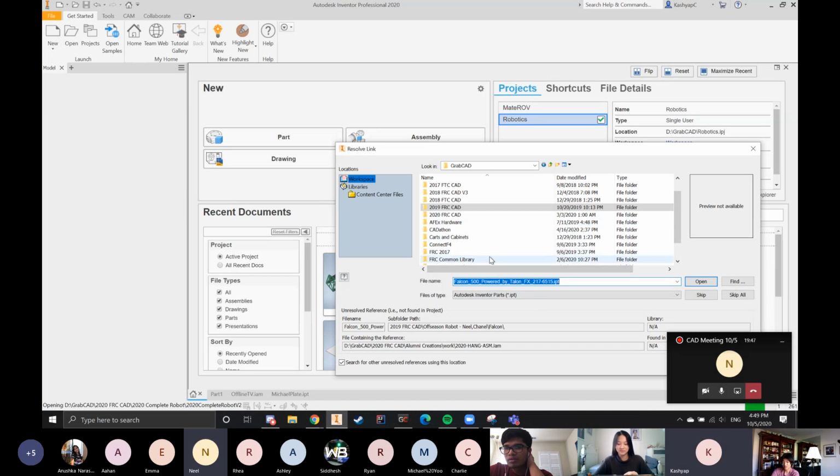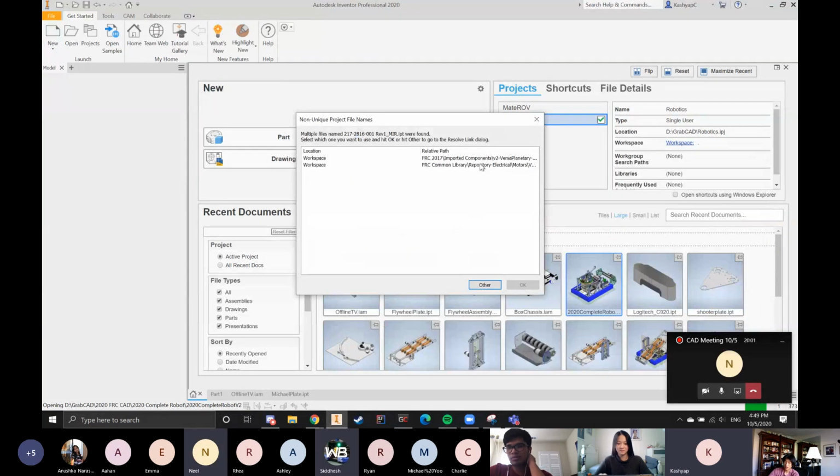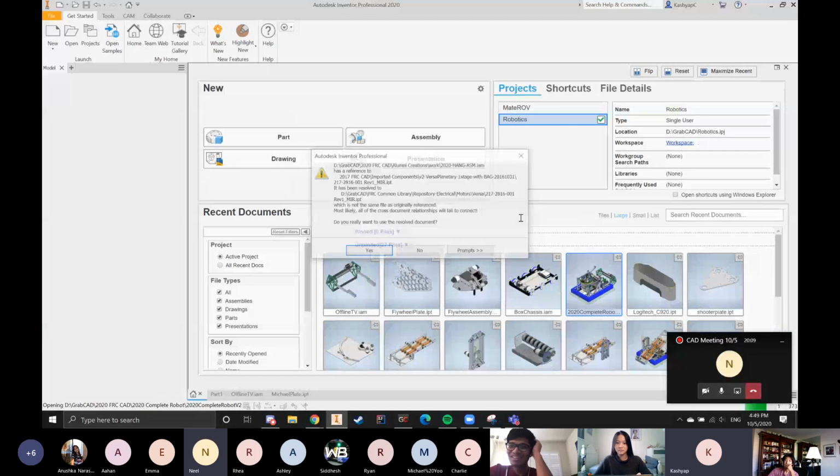Yeah, but the Falcon didn't exist in 2019. I guess somebody deleted that while cleaning. Don't worry, this will never happen again. It happens a lot, unfortunately. Just open it. We don't need the Falcon library version.